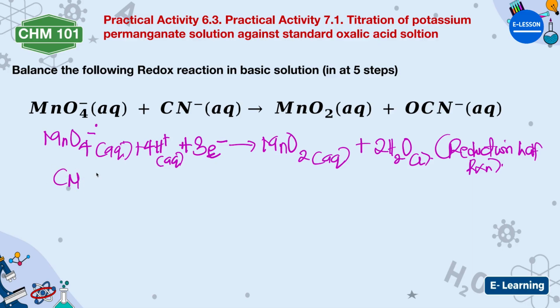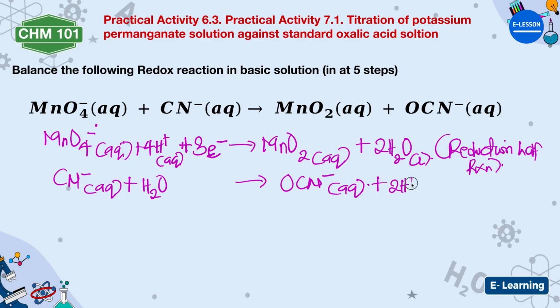The next one is this other one here. We have CN- aqueous, and then this one came to give us OCN- aqueous. Now, this one has oxygen here, and does not have oxygen here. So we need to add a molecule of water here. But there are 2 hydrogens here, so we need to add 2H+ aqueous.